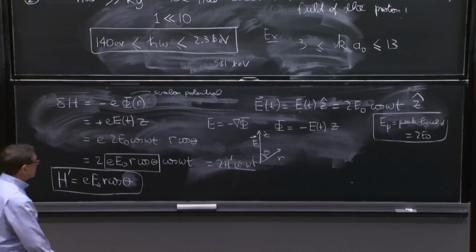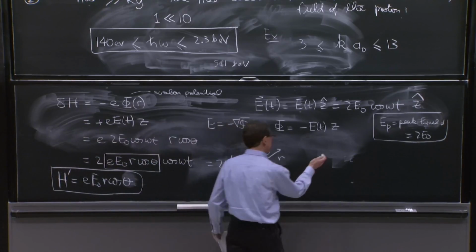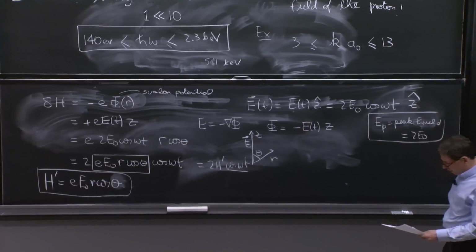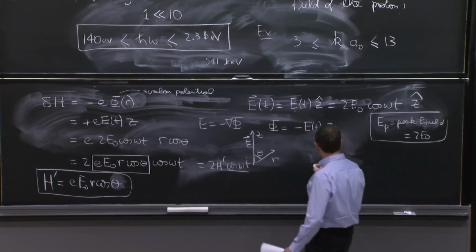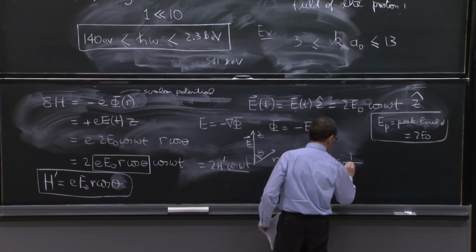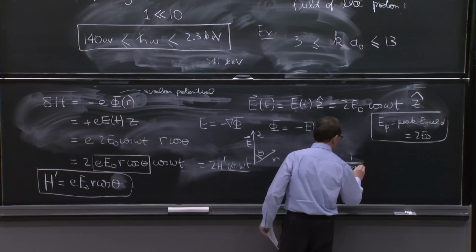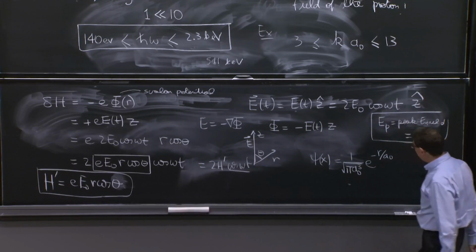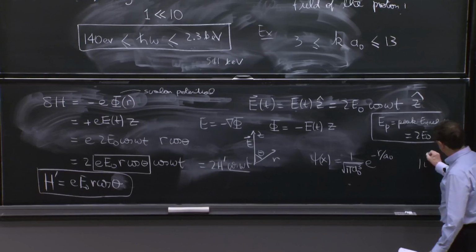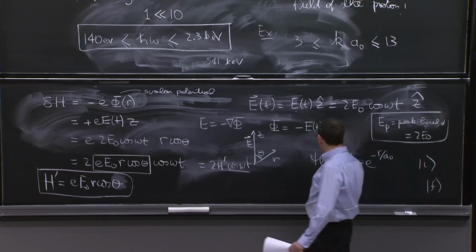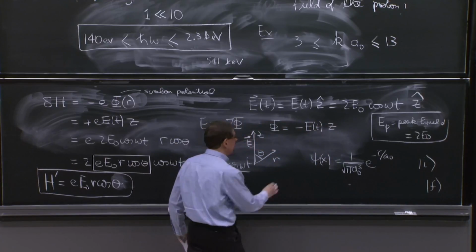Two more things so that we can really get started. What is our initial state? The initial state is the wave function of the electron, which is 1 over square root of pi a0 cubed, e to the minus r over a0. That's our initial state. What is our final state? Our momentum eigenstates of the electron.